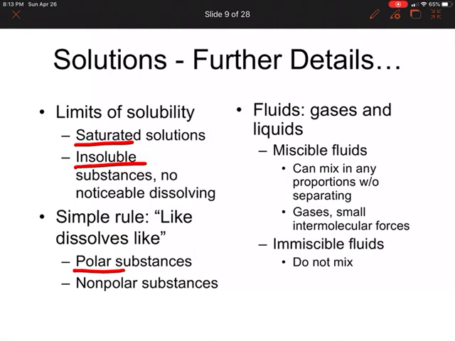Fluids could be either liquids or gases. A gas is actually considered a fluid. Air is considered fluid. Miscible fluids can mix in any proportions without separating, like Chex Mix, salad. You could say even something like sweet tea.